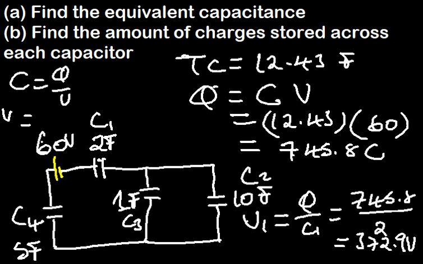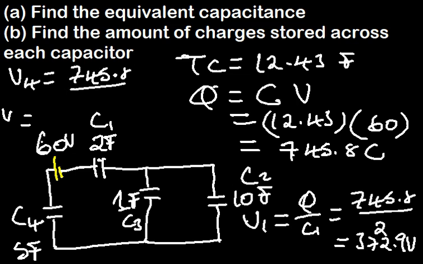And what is the potential difference across capacitor 4? So we have V4 given by the charge, which is the total charge, 745.8, divided by the capacitance, which is given as 5.